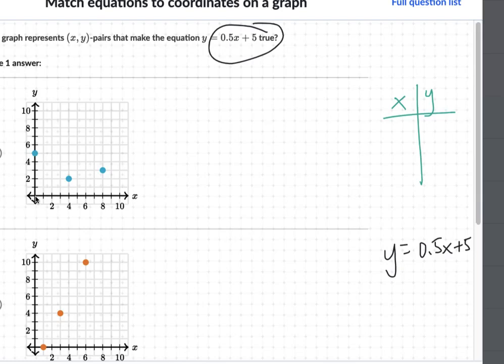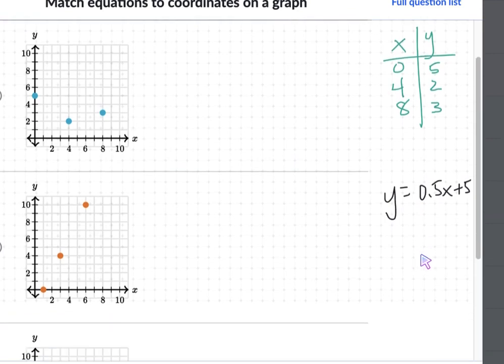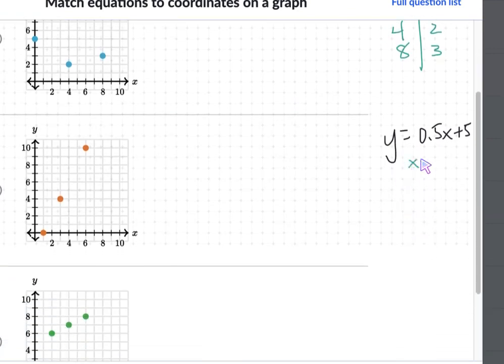Let's see, this one is walk to 0, fly up to 5. So (0, 5). This point is walk to 4, fly up to 2: (4, 2). This is walk to 8, fly up to 3. Okay, so I'm going to do that same thing for each of these. So (1, 0), (3, 4), and then (6, 10).